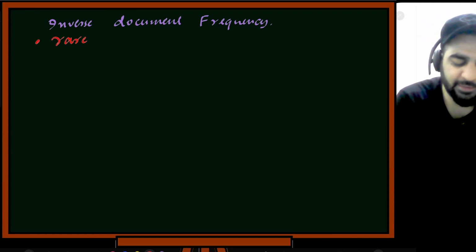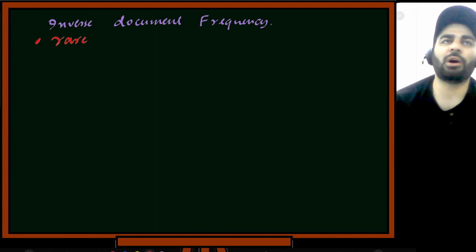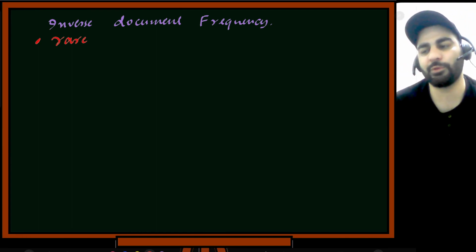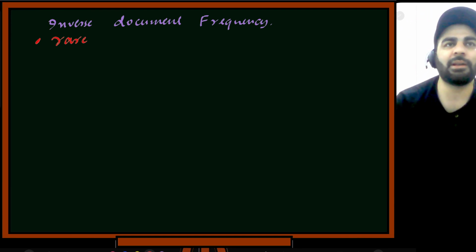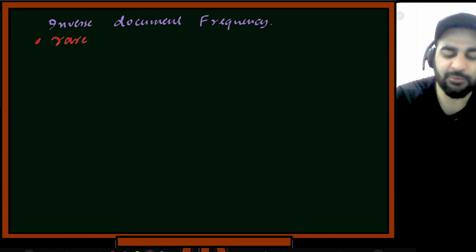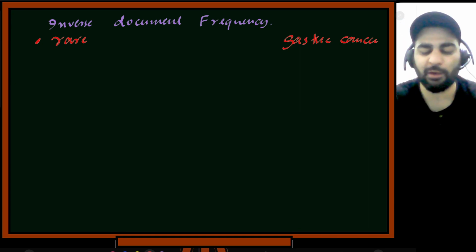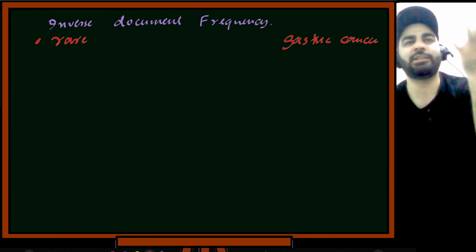So it will see if a word is rare. Let's suppose you have a corpus of huge documents, and there you want to label medical documents separately. For example, gastric cancer. Words like this will occur very rarely in documents, so if you have words like this, it strongly says that this is a medical document.